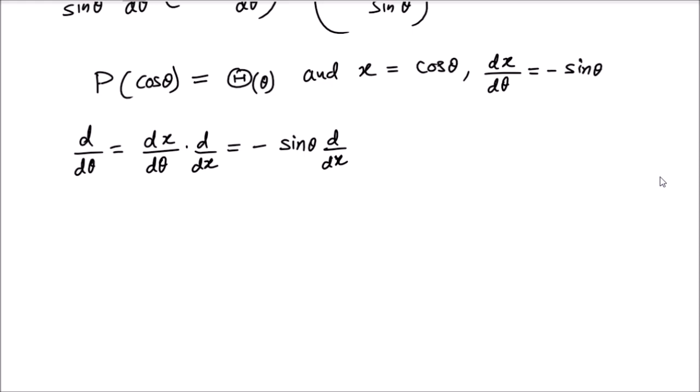Okay, now come to the next part. It is 1 upon sin theta. Now, instead of d by d theta, what do we write? We write minus sin theta into d by dx.